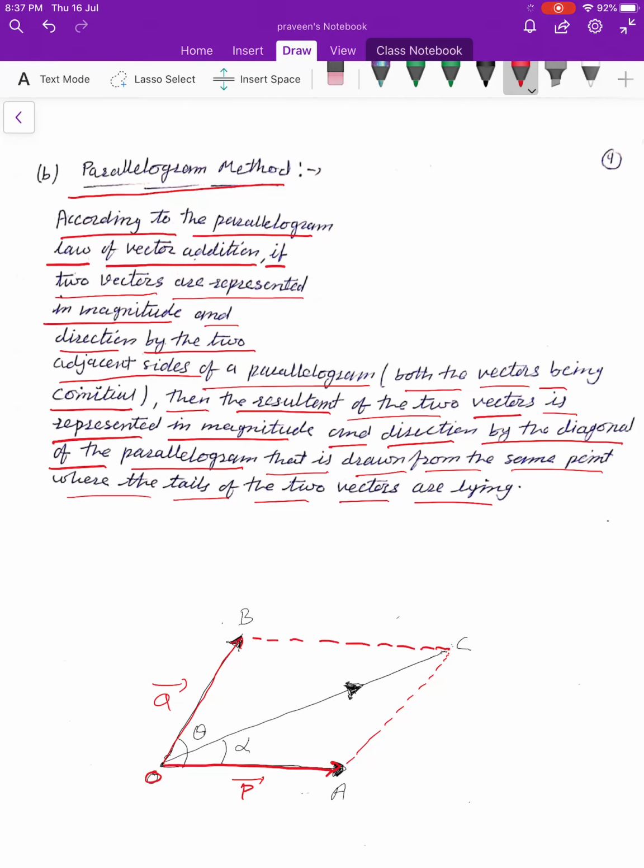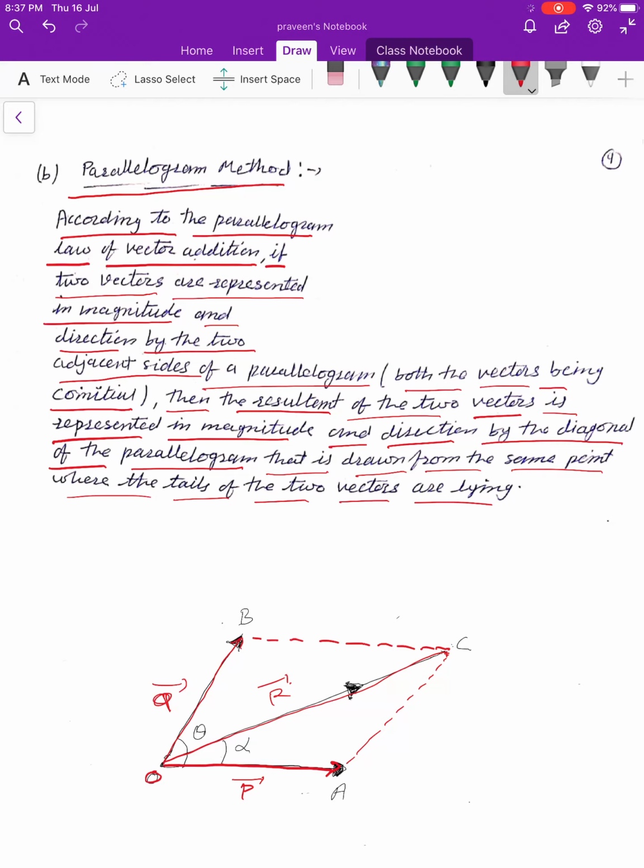To complete the parallelogram, the diagonal passing through the point of intersection represents the sum of the two vectors. It is the diagonal, represented with R vector.